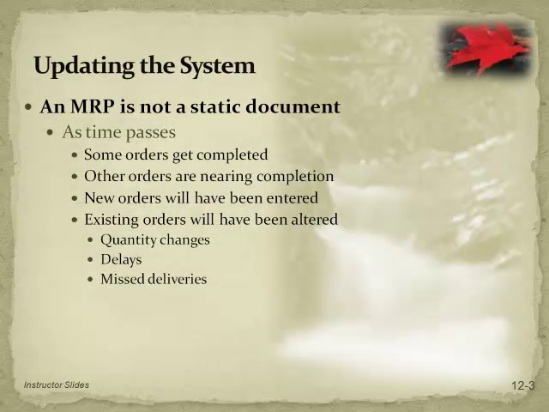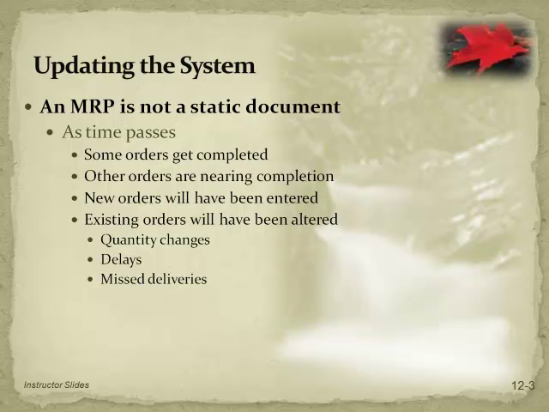So when MRP processes and runs, it would be nice if things didn't change. But the fact of the matter is that we live in a very dynamic world, especially the world of manufacturing. Things change every day. Things change almost to the minute.